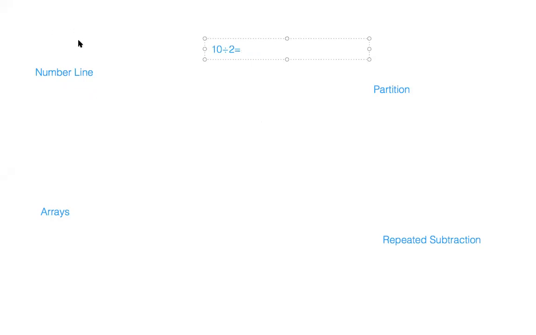So on a number line, let me draw one for you. If I were going to be trying to figure out 10 divided by 2, I remember that I need to label my number line with the greatest number being my biggest number in my division problem. So I'm going to label the end of my number line as 10.